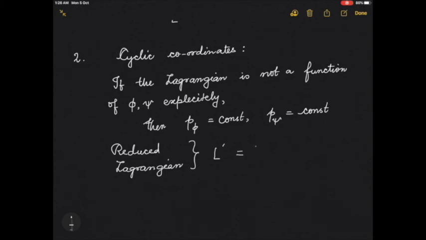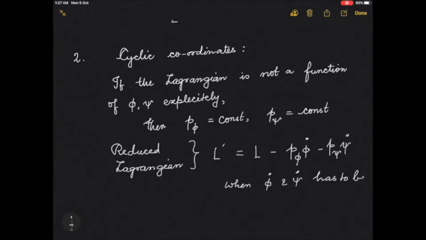If I call it L prime, that will be our original L minus the constant momentum times phi dot minus the constant momentum times psi dot, where phi dot and psi dot have to be written in terms of p phi and p psi.